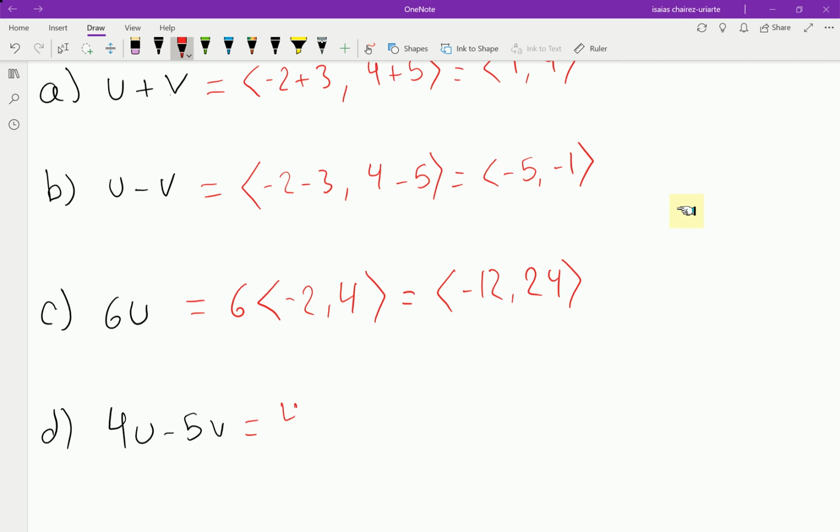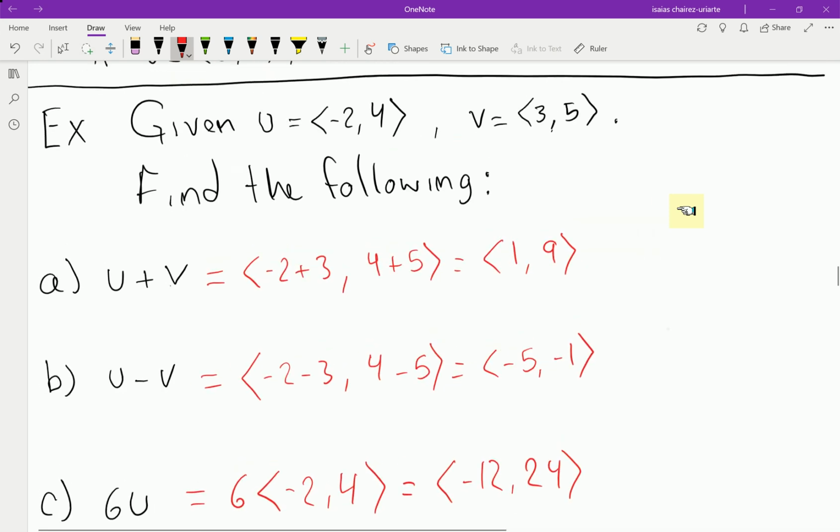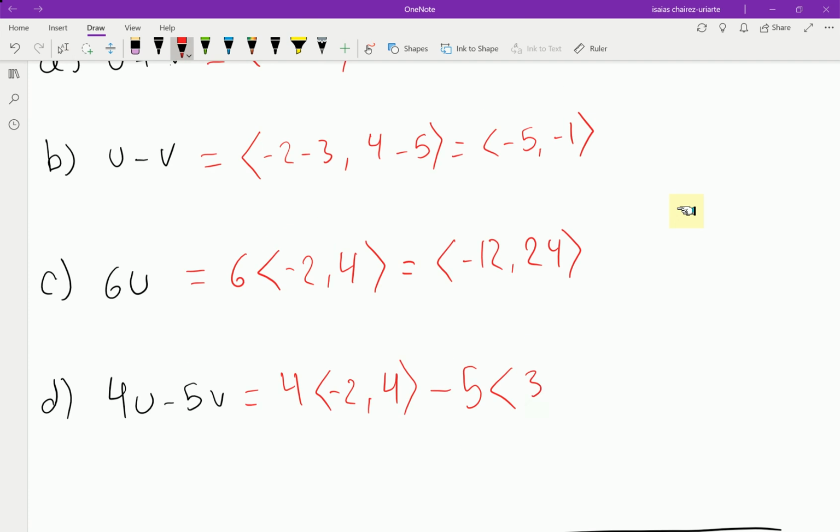All right, 4u, so that means 4 times negative 2, 4, minus 5 times my vector v, 3, 5. Well, that's going to become negative 8, 16, minus 15, 25.